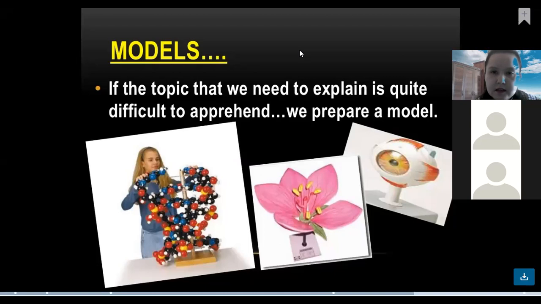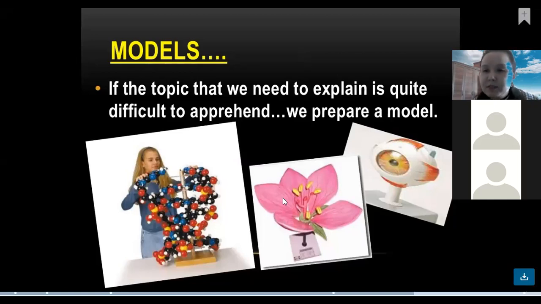You can bring these models for the lesson in order to teach your learners. For example, you can make the models of different animals or the cars, vegetables, or fruits. And you may bring it to the lesson, and you can teach your learners with the use of models.